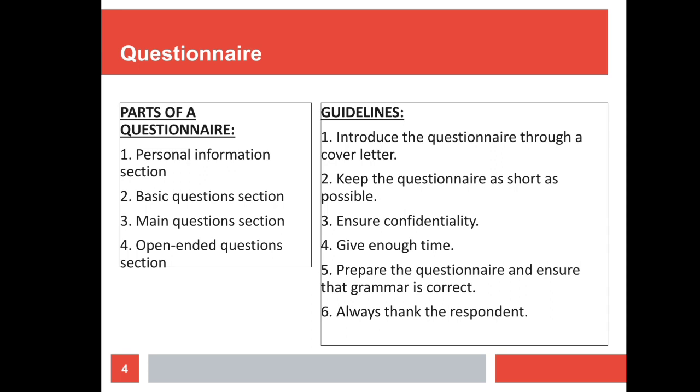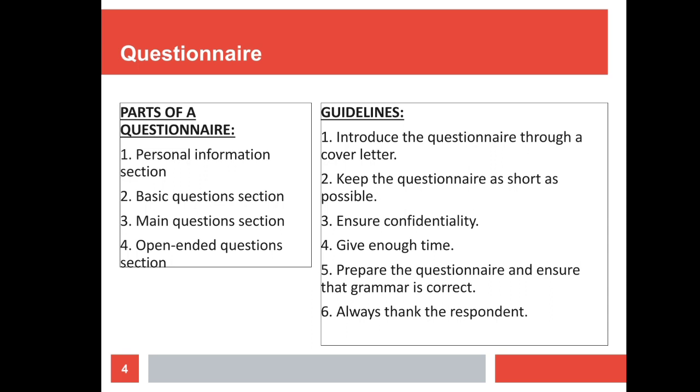Always introduce the purpose of the questionnaire, what it's for, and when you need it, so that the respondent will be able to send it back to you. If it is through an interview, let's say you were walking around and selected random strangers for your questionnaire, then you can explain to them the purpose of your questionnaire.